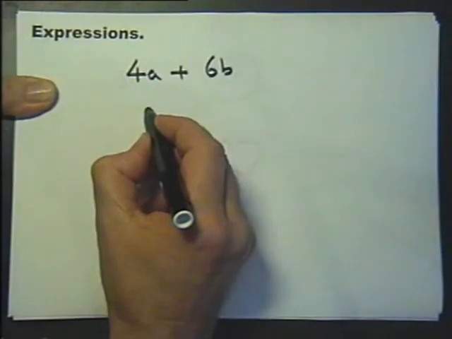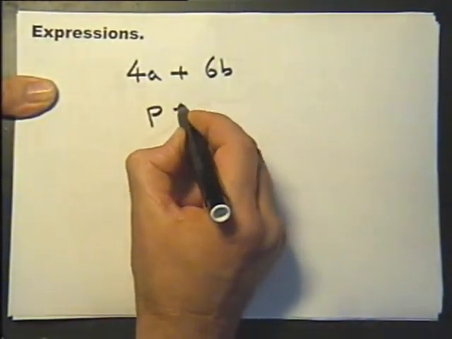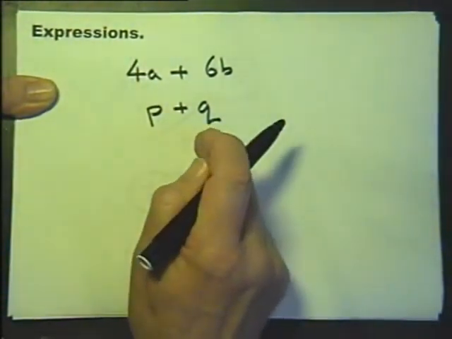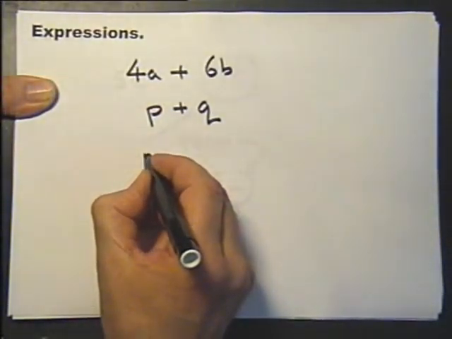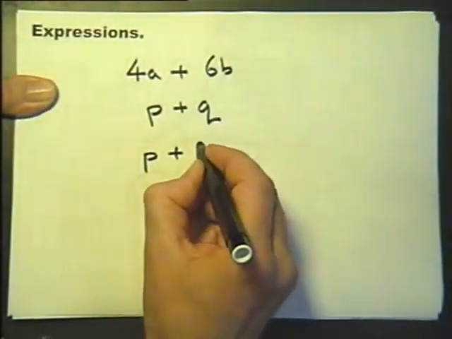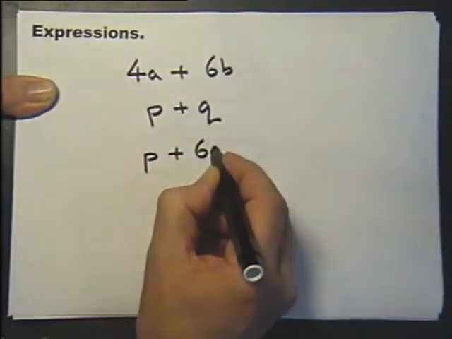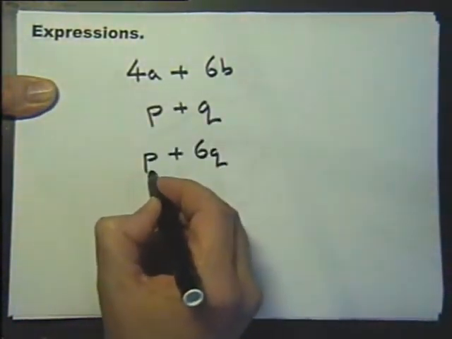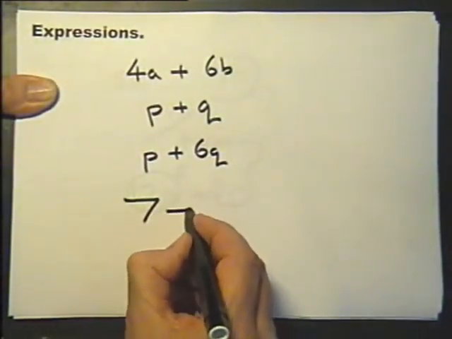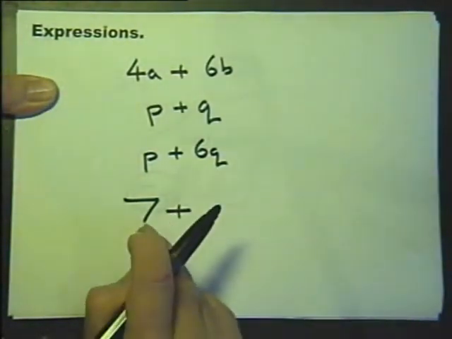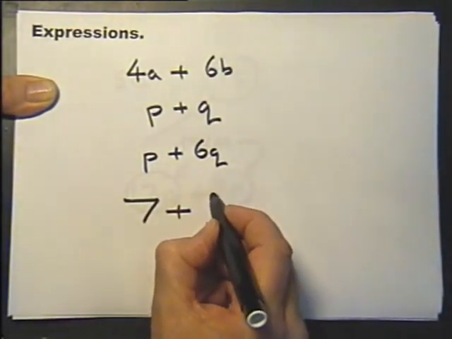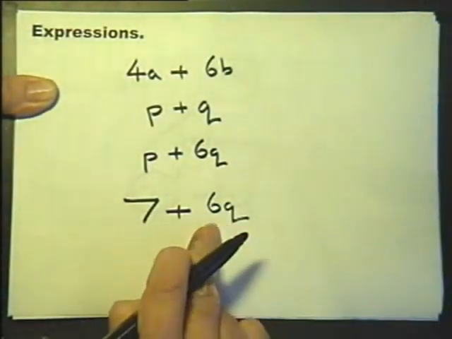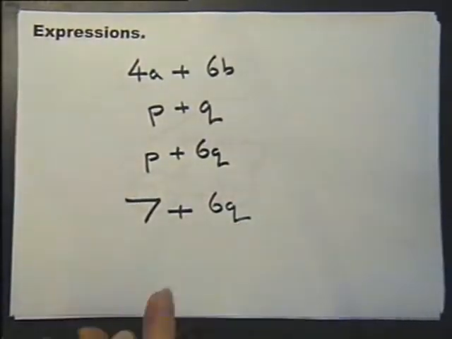So we might have just a variable and another variable, that's an expression. Or we might have a variable and a multiple of a variable, so that's a variable and a term, so that is an expression. Here's another expression where one of the pieces of information is just a number. That's an expression as well.